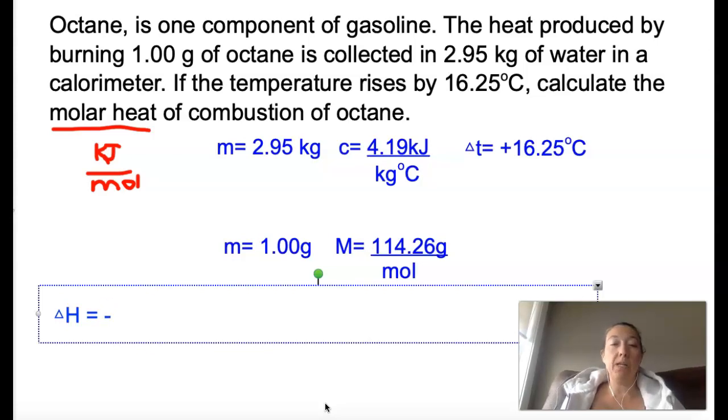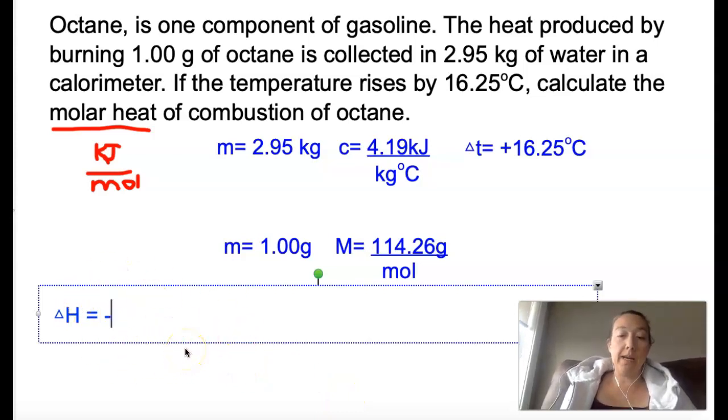That's because we're using the water to determine the enthalpy change of something else, and the water is going to do the opposite. The water is the surroundings, and the delta H is for our system. They are opposites with respect to what happens to that thermal energy change. So it's going to be negative.